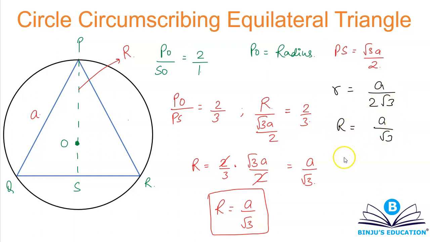So I can say that small r will be equal to capital R divided by 2. So if you have an equilateral triangle with an incircle and a circumcircle, then the radius of the incircle is half the radius of the circumcircle. Alright, let's move on.